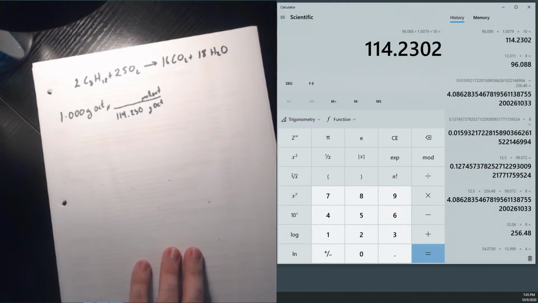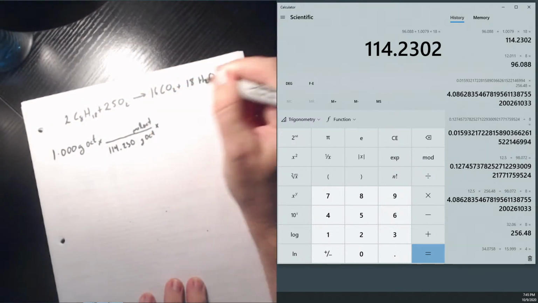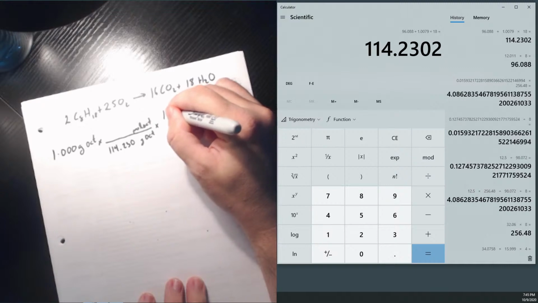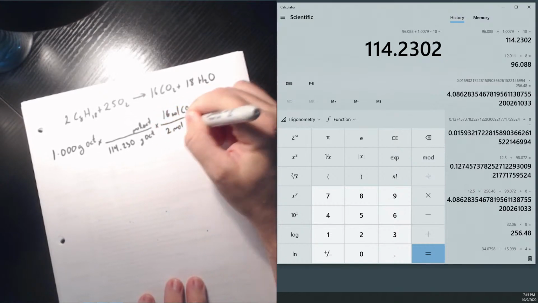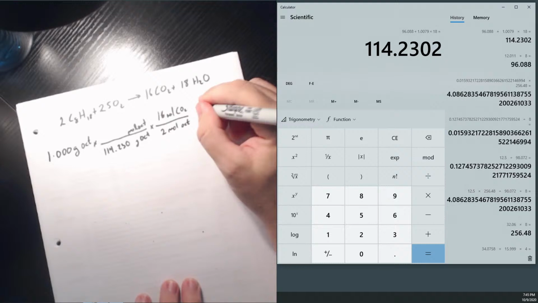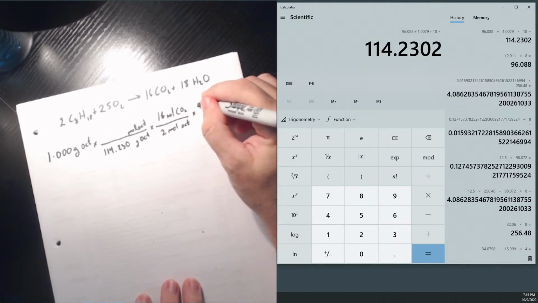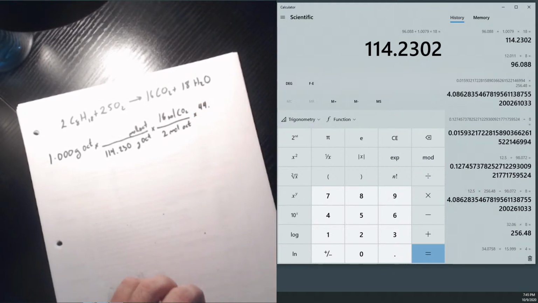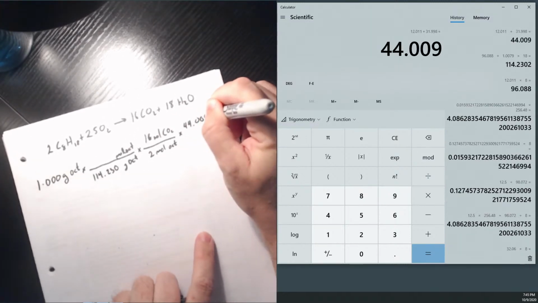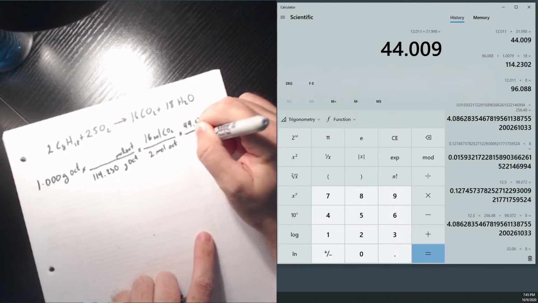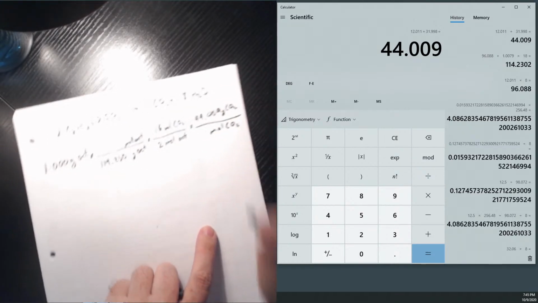All right, and then we convert to moles of CO2, so that's 16, that's a terrible 6, moles of CO2 for every 2 moles of octane. And now back to grams, 44.009 grams of CO2 per mole of CO2.